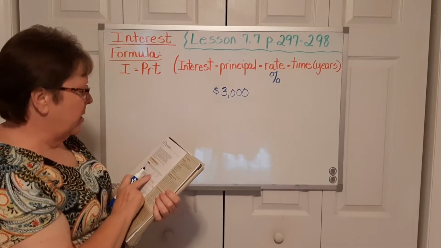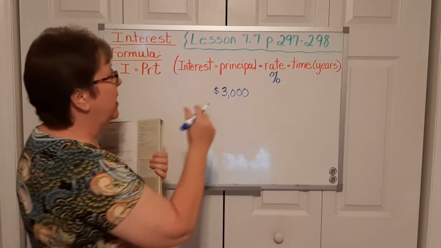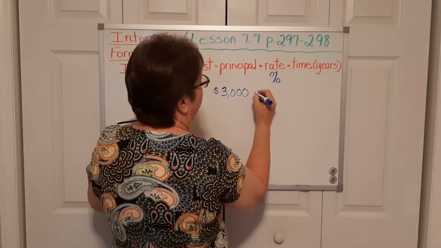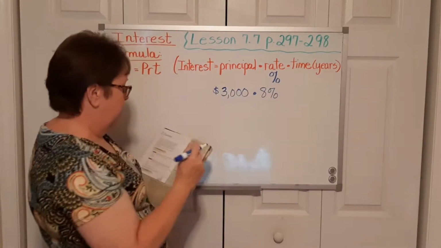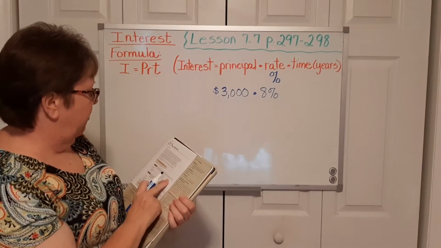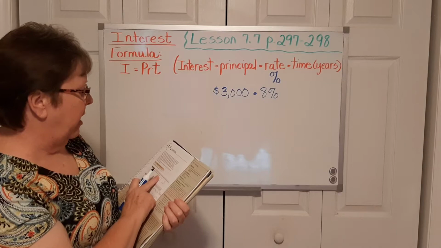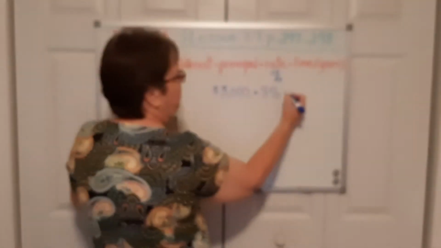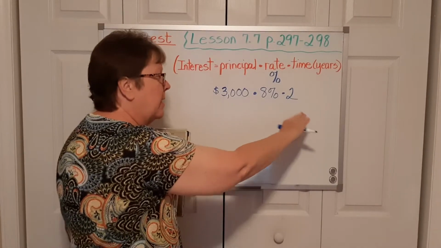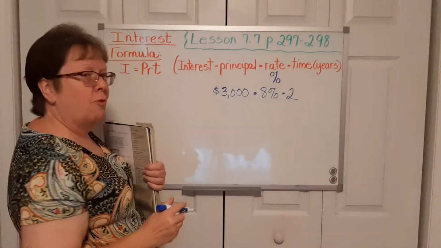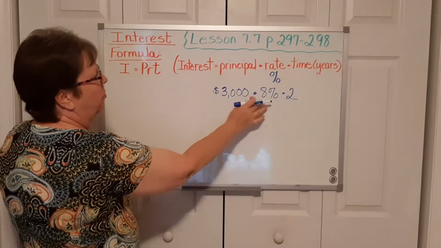Okay, $3,000 at 8% interest. So here's times 8% interest. And it says if the account is closed at the end of 2 years. So it's times your 2 years. Now, if you multiply these out correctly, you'll get what your interest is. So let's do the first two.